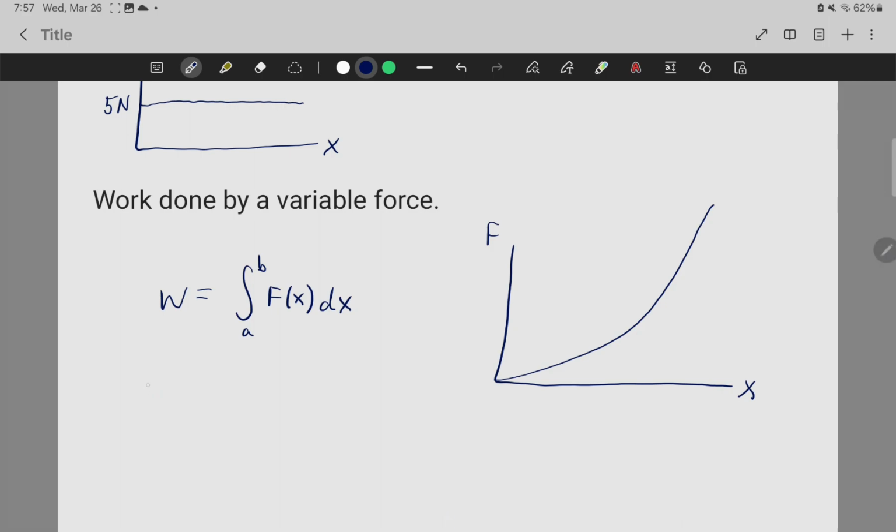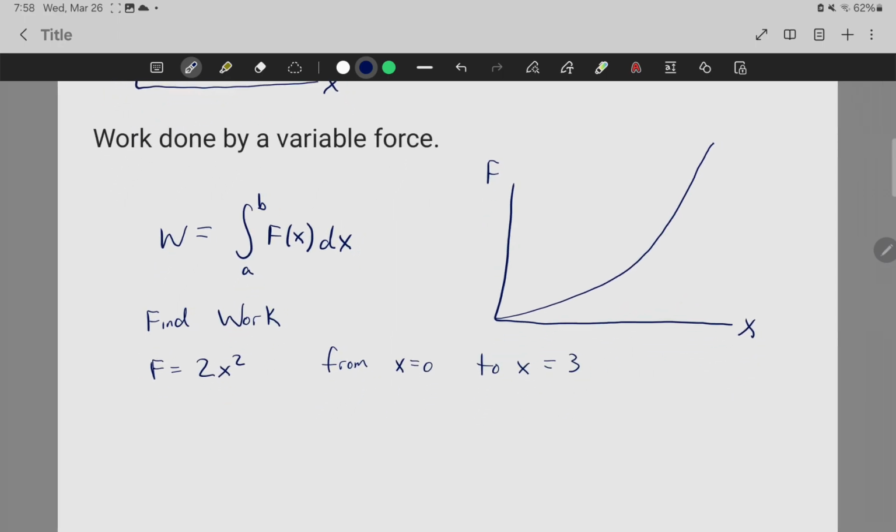What if we have to find the work done on an object if f equals 2x squared, from x equals 0 to x equals 3?